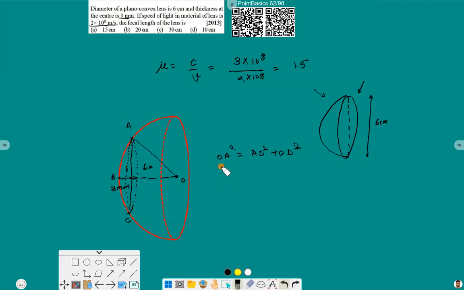Now OA is equal to the radius, so radius square is equal to AD, which is half of the diameter, means 3 square, plus OD, which will be equal to the radius minus thickness, and thickness is 0.3 centimeter. So when we solve this whole equation, we will get radius approximately equal to 15 centimeter.